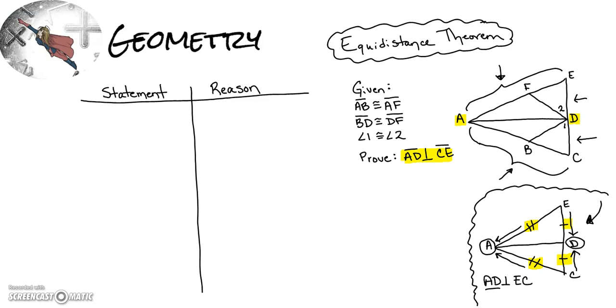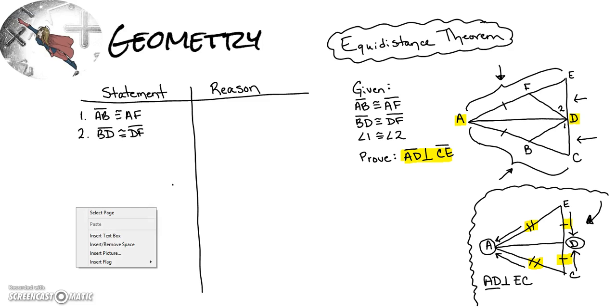Let's copy down the givens first of all. So one given is that AB is congruent to AF. And let's mark that on the picture. That's just here and here. Number two, BD is congruent to DF.